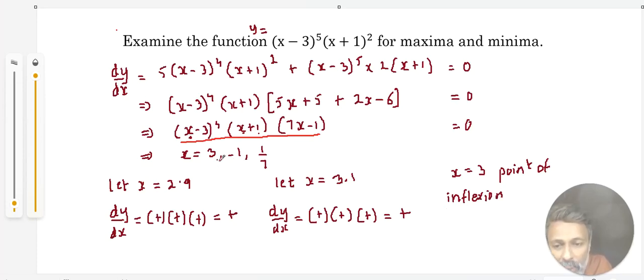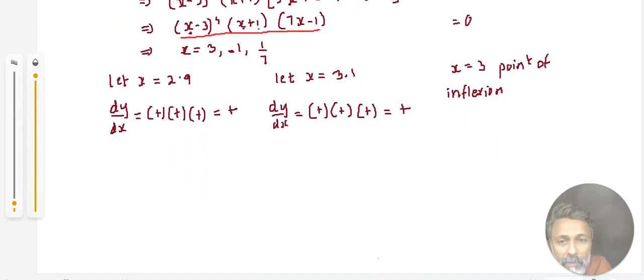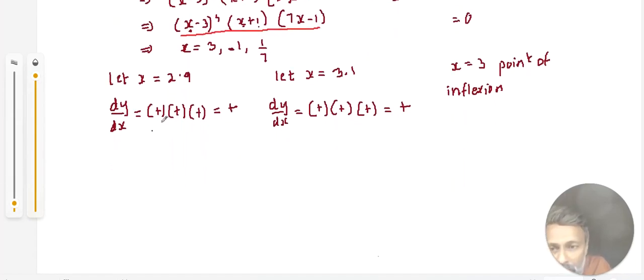Let us now take our attention to minus 1. Earlier we talked about 3. Now let's take a value a little less than minus 1. Let x is equal to minus 1.1.